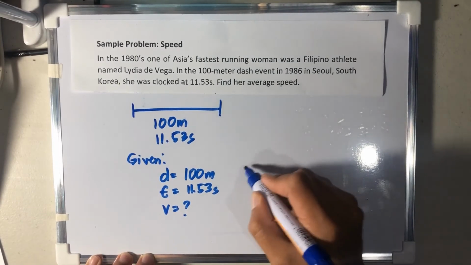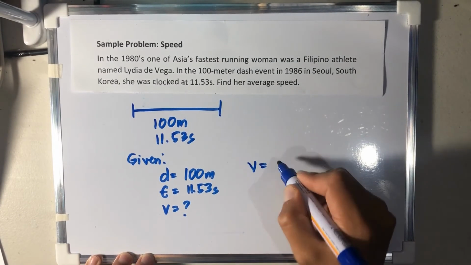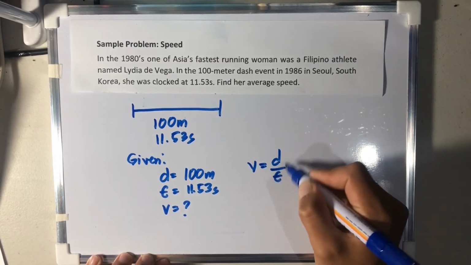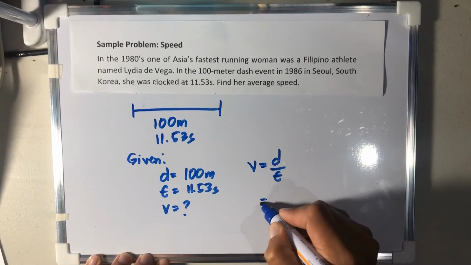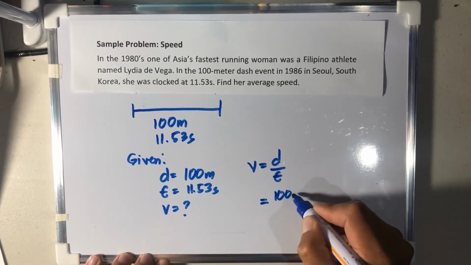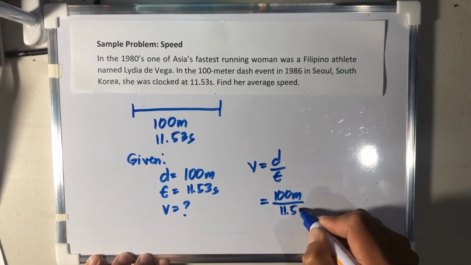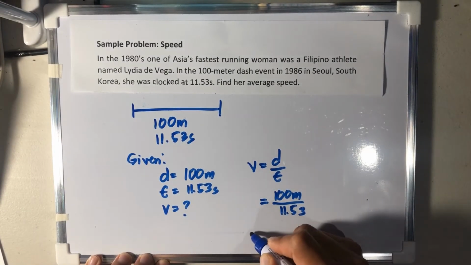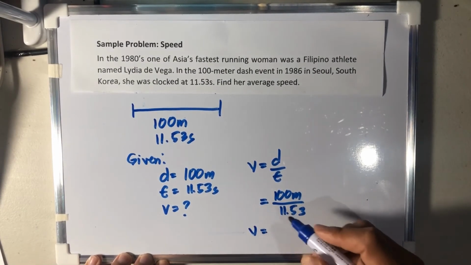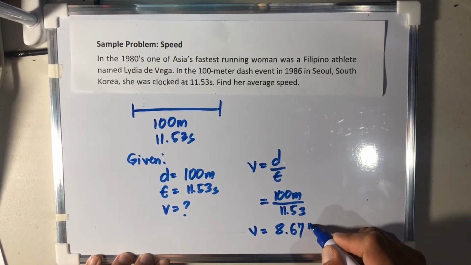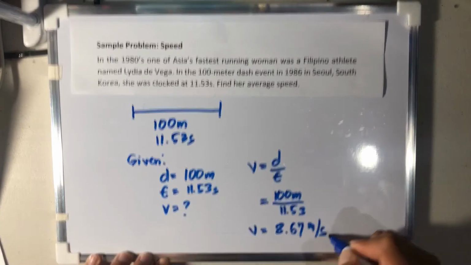Now for the formula, that would be v is equal to d over time. Since we know the values of these quantities, we can just substitute. So that is 100 meters over 11.53 seconds. Dividing that, this will give us a quotient of 8.67 meters per second.